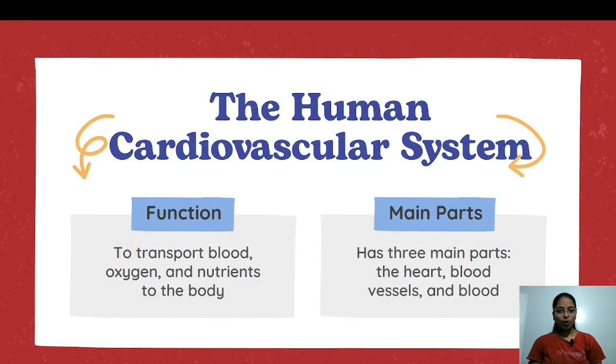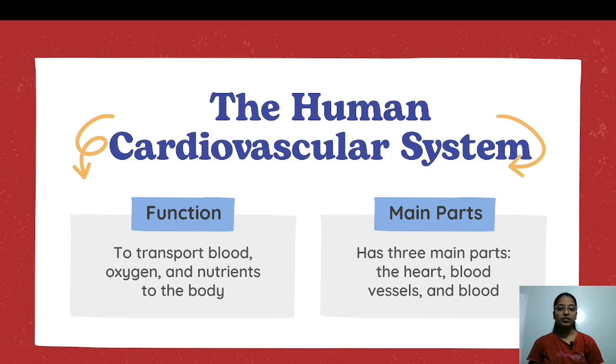As the human body is made up of 12 different systems and one of the main systems is the cardiovascular system, we need to know what the function of the cardiovascular system is and what the different parts of the cardiovascular system are, right? So the function of the cardiovascular system is pumping of blood with the help of the heart. That is the main function of the cardiovascular system. As blood is pumped by the heart, it reaches all body parts, right?